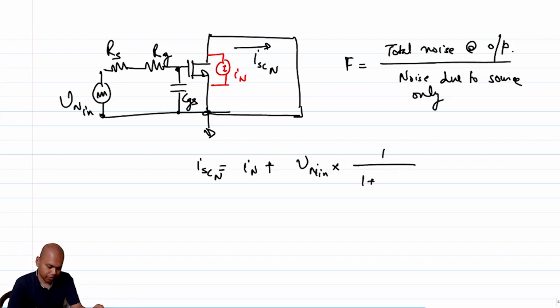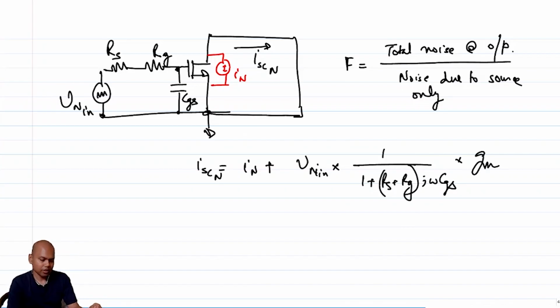So 1 by 1 plus Rs plus Rg times j omega Cgs, times Gm, is essentially the transfer function, or rather, this total thing is essentially the total short circuit noise current, taking all phases and everything into account.